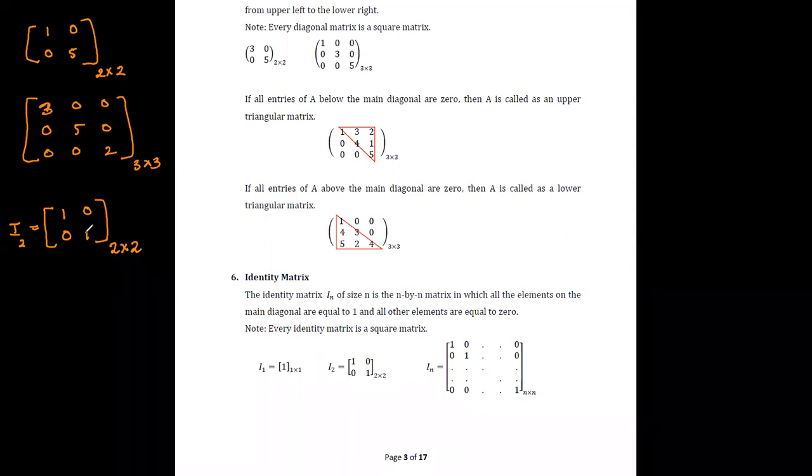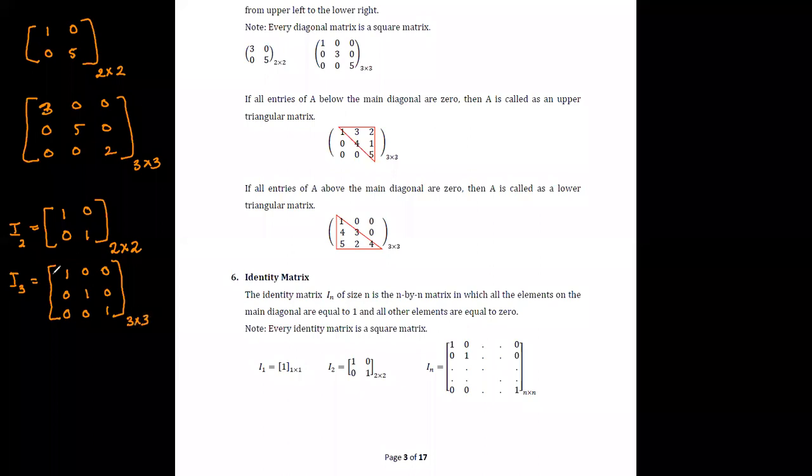The thing that we have to keep in our mind is that the main diagonal elements are ones and all the other elements are zeros. If you construct I3, this is the third order identity matrix. Therefore, we can see that the number of rows and columns should be equal to 3, and the main diagonal should have the elements as ones, and the others should have the elements as zeros.